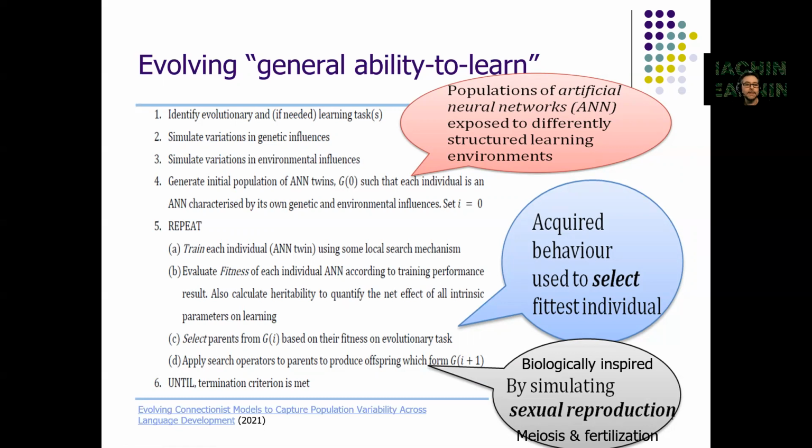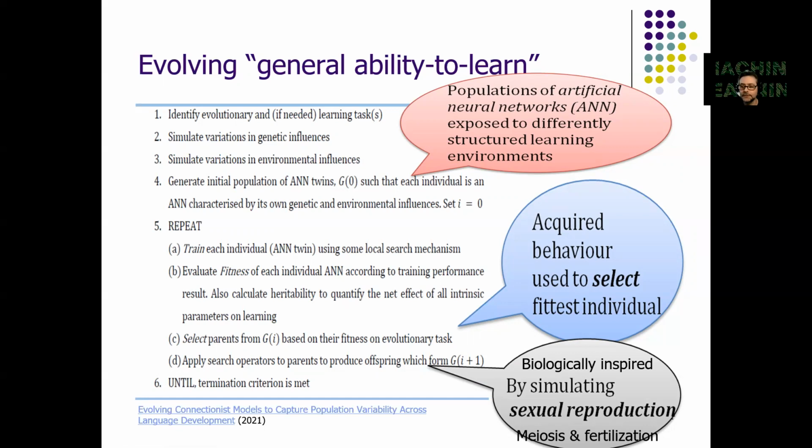But the main characteristic is that we use local search, in this case any kind of training algorithm like RPROP or ADAM, to fine-tune and adapt the weights of a member of a population, like in a Lamarckian strategy.